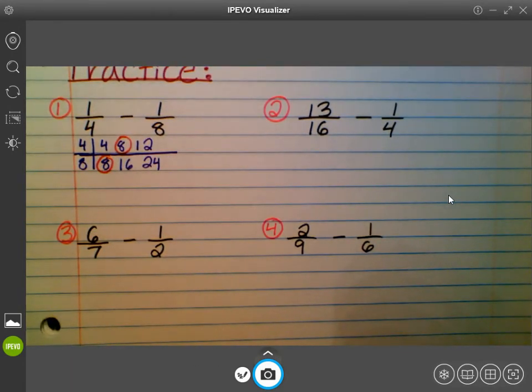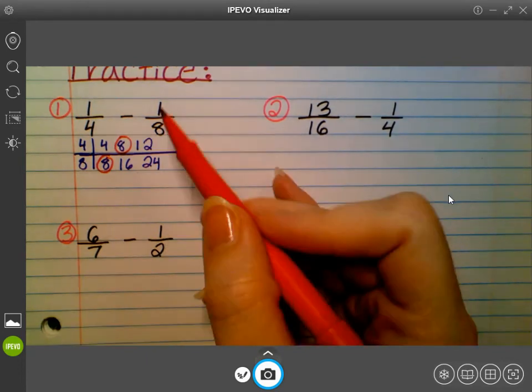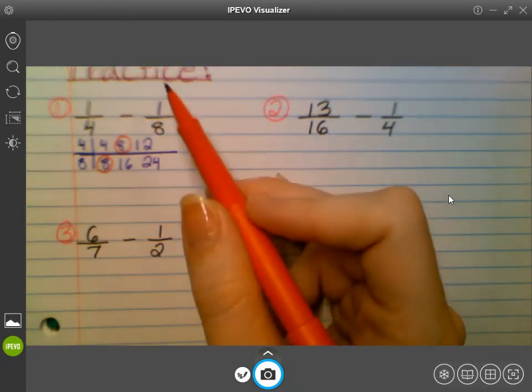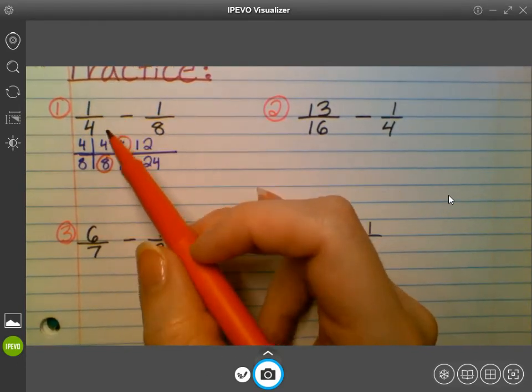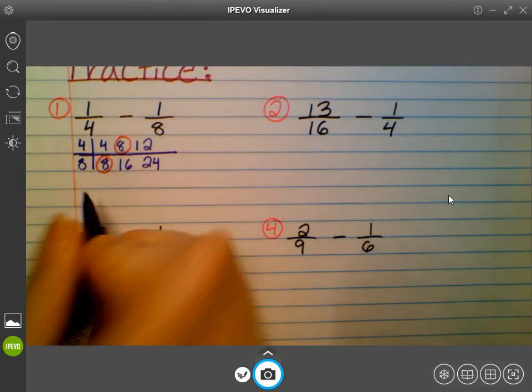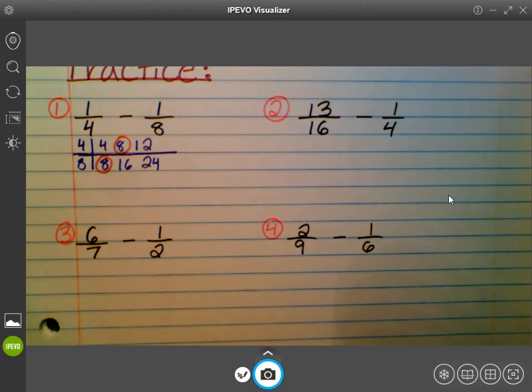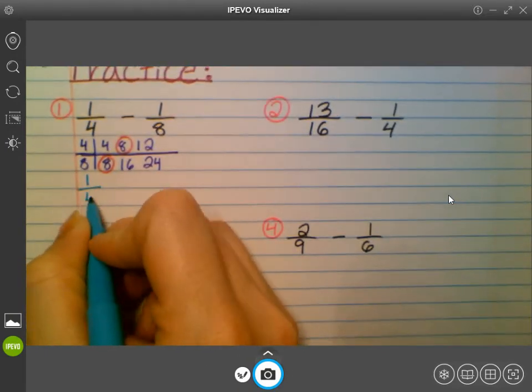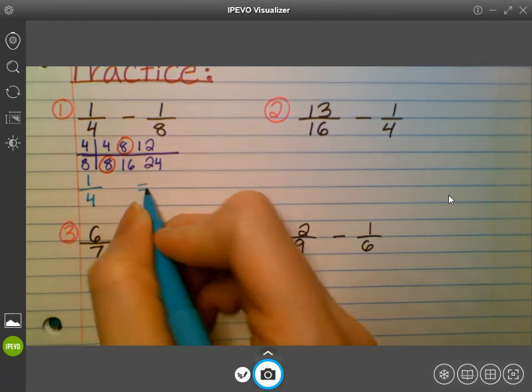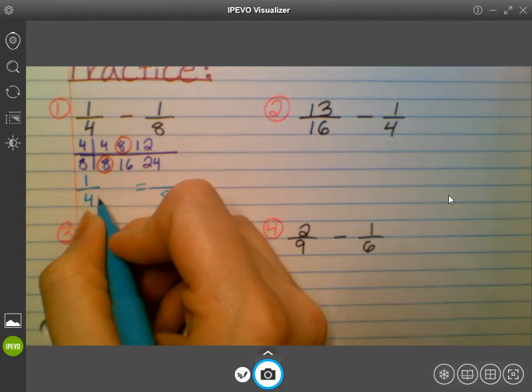Okay, awesome. So, do we need to convert 1/8? No, it already has 8 as the denominator. We just need to convert 1/4. So, 1/4 equals something over 8.